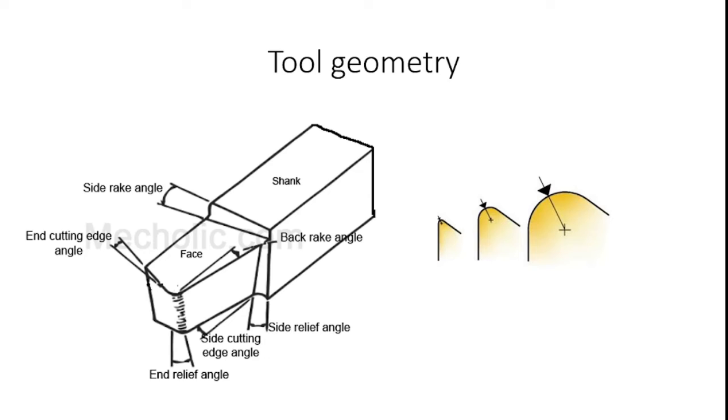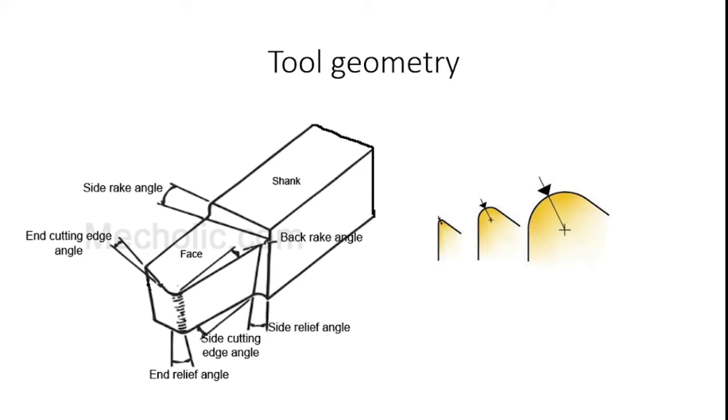A larger side relief angle leads to the breaking of the cutting edge due to insufficient support, whereas if this angle is too small the tool cannot be fed into the work material.